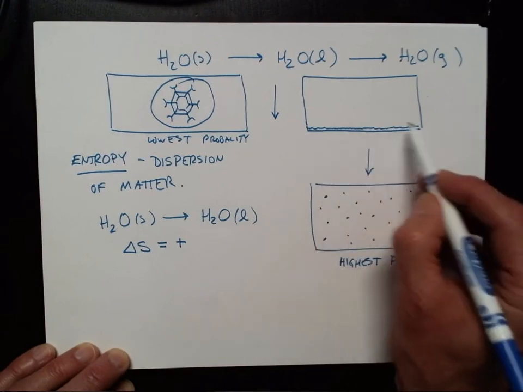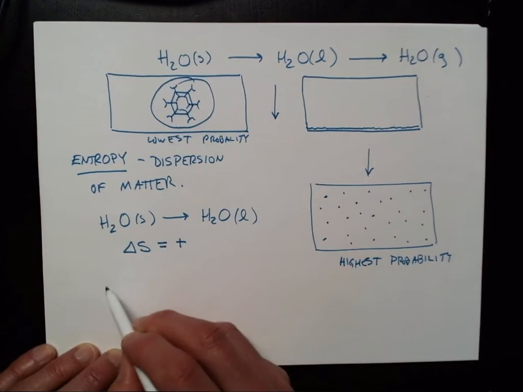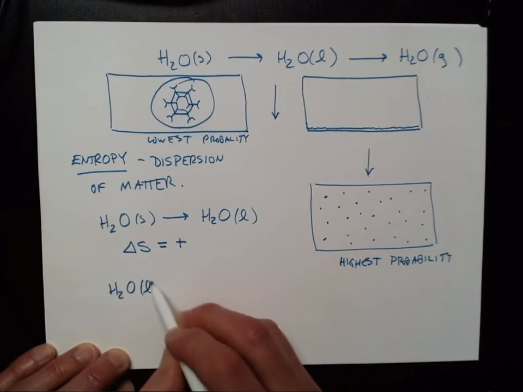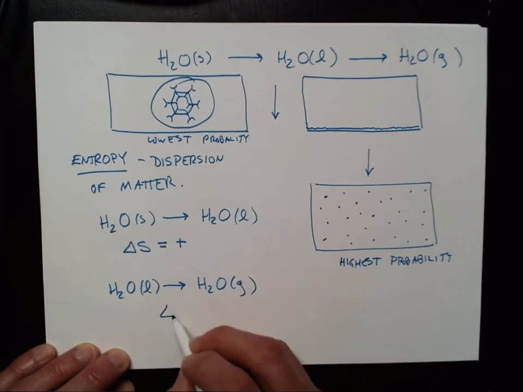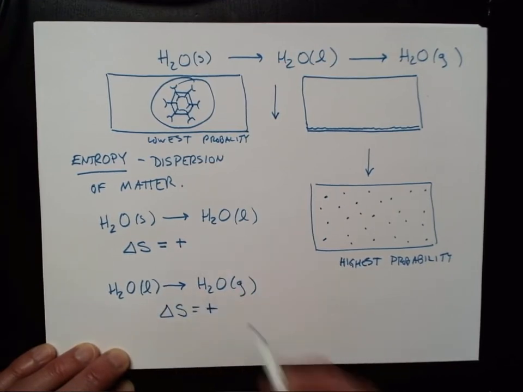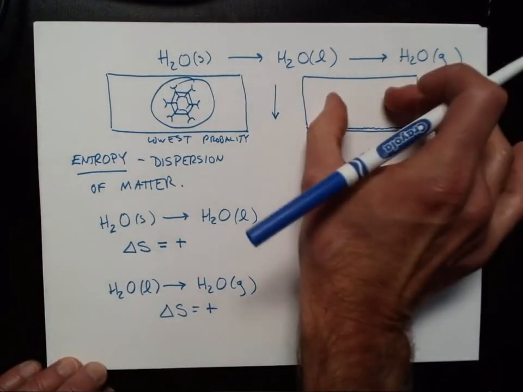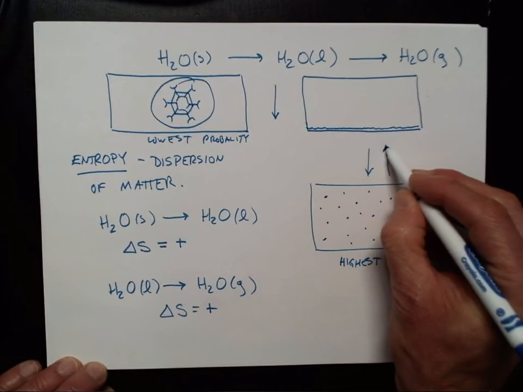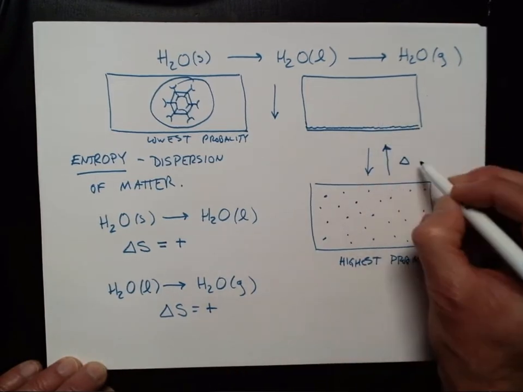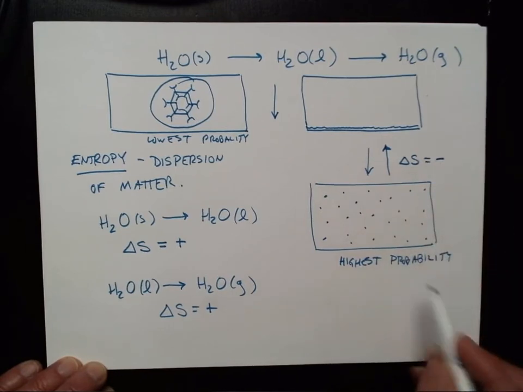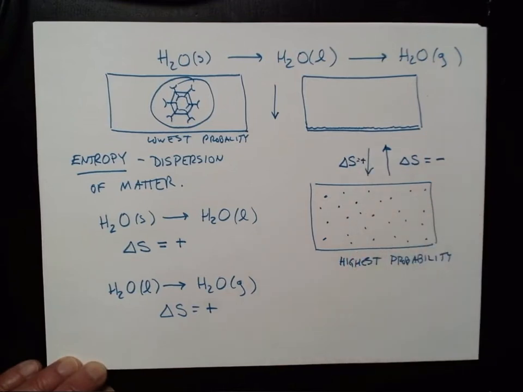And again, comparing the liquid state and the gaseous state, if I go from liquid water to gaseous water, delta S is also positive. In the opposite direction, going from a gas to a liquid lowers the probability, so it's going to lower the entropy. So going in this direction, delta S is going to be negative. Going from liquid to gas is going to be positive.